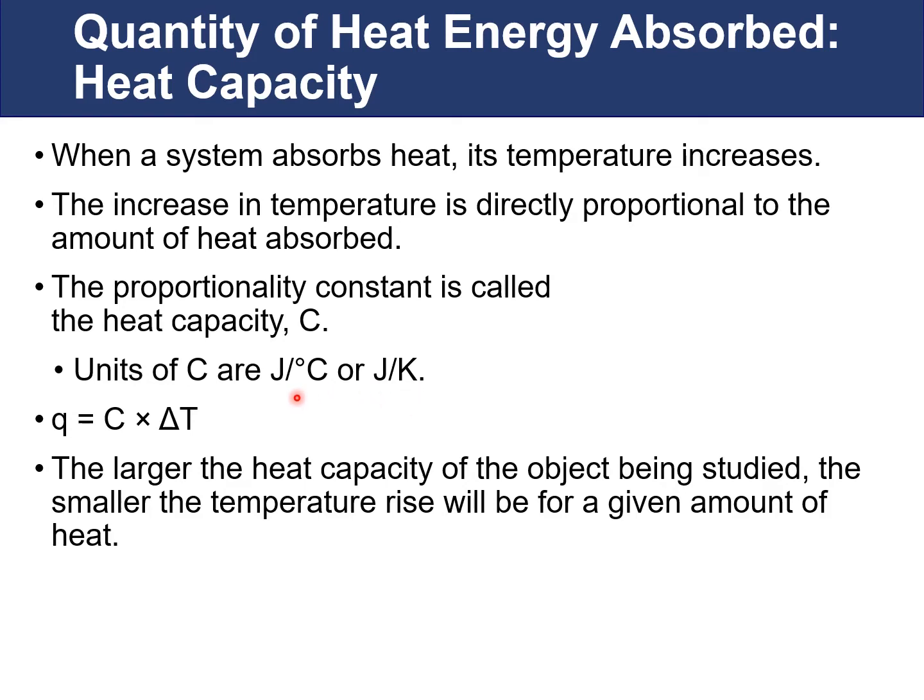Because a difference of 1 degree Celsius is the same as a difference of 1 Kelvin, it doesn't really matter for your heat capacity whether you're calculating changes in Celsius or changes in Kelvin. But if you're trying to calculate the initial and final temperatures, you need to keep track of whether you're talking Kelvin or Celsius, just because you would have to do a conversion to go between Celsius and Kelvin. But so long as you're talking about the difference between two temperatures, it doesn't matter Celsius or Kelvin.